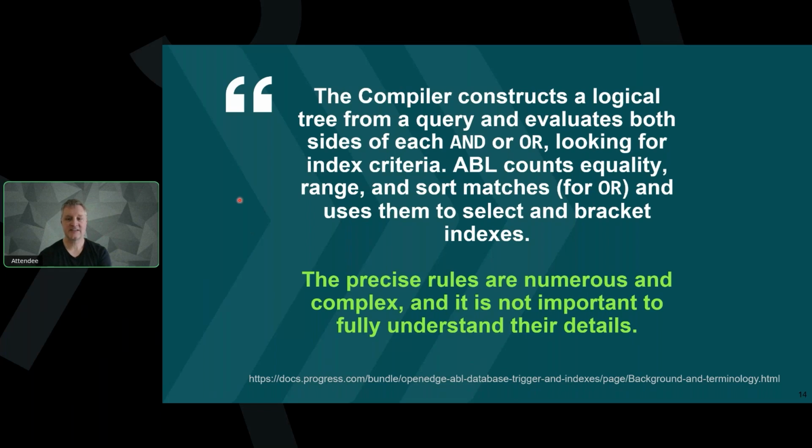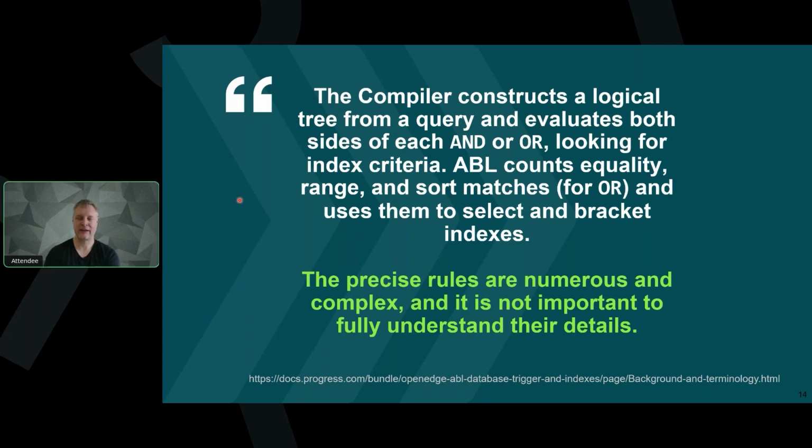And it says the following, which I won't read out, but basically the compiler will look at a query, look at the where clauses, if there are any, and figure out from there which index or indexes to use. Then it says the precise rules are numerous and complex, and it is not important to fully understand their details, which is fair in a sense, because you cannot change it.